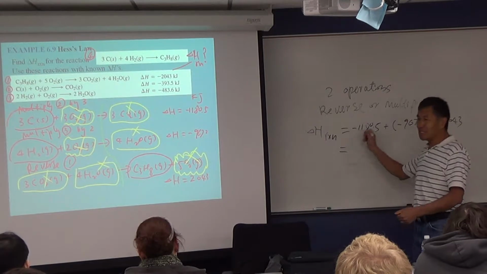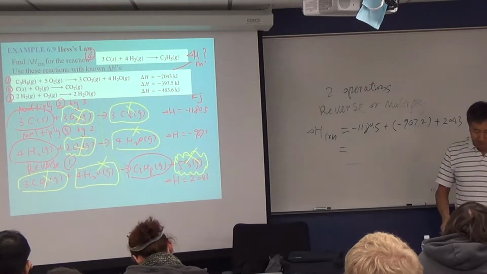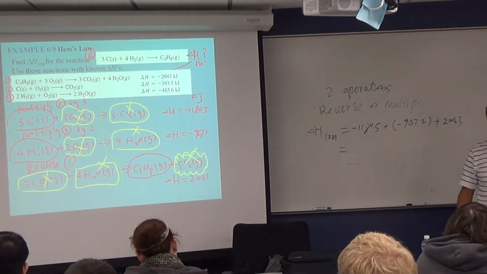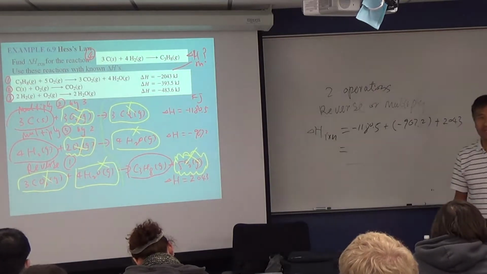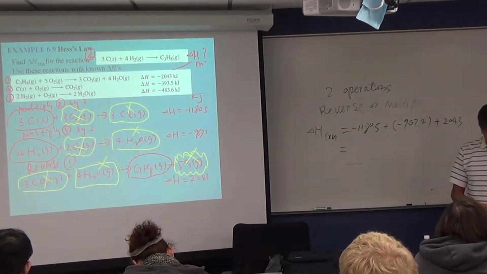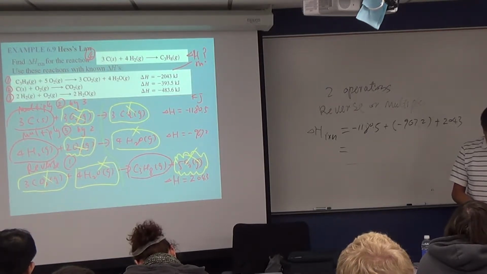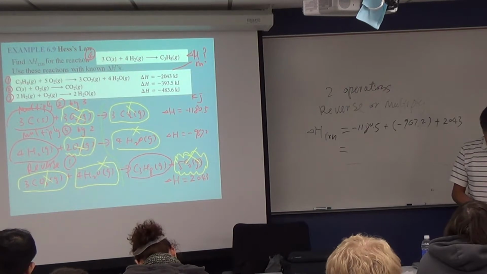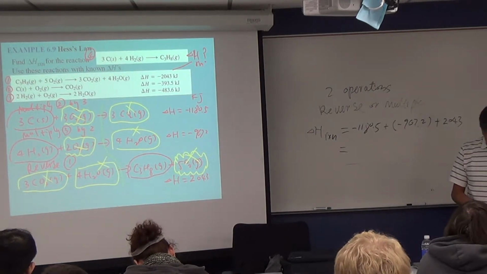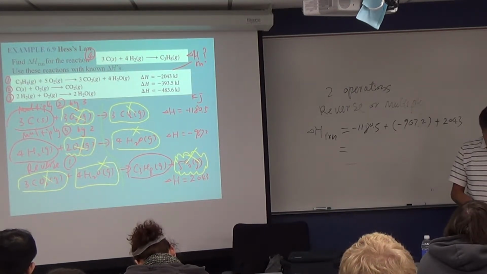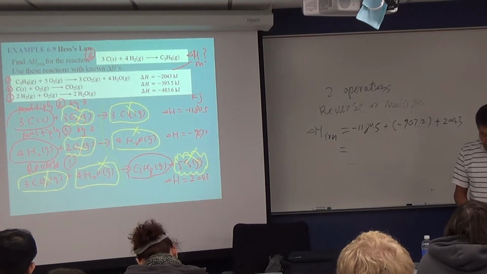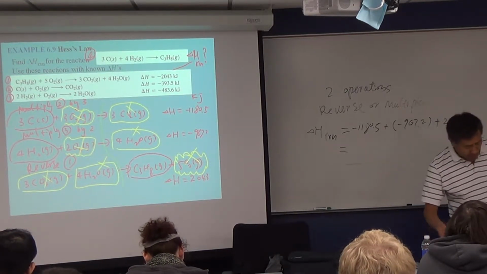All right. So you add these three numbers together, and you get the result, right? Negative 1180.5 minus 967.2, that's plus 2043. I get 104.7.